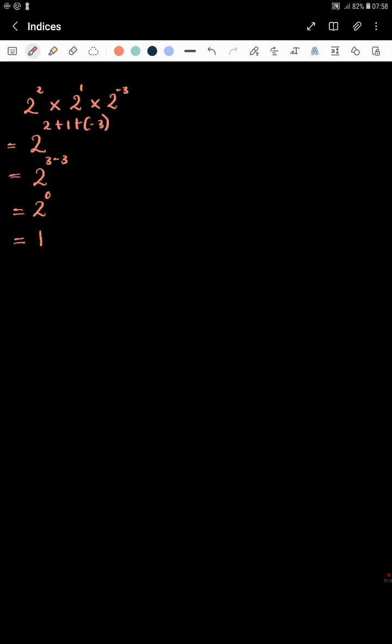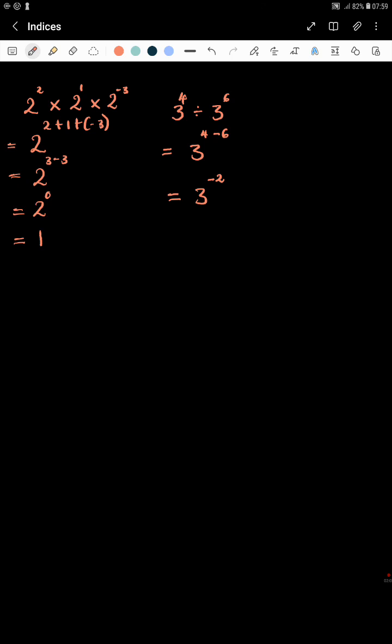Another example, if we have 3 to the power 4 divided by 3 to the power 6, we keep the base and then we subtract the powers. 4 minus 6, you get minus 2.